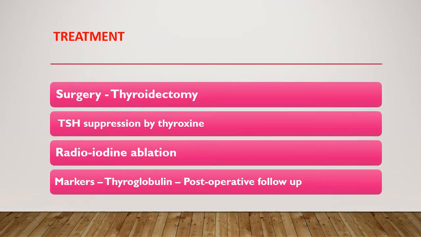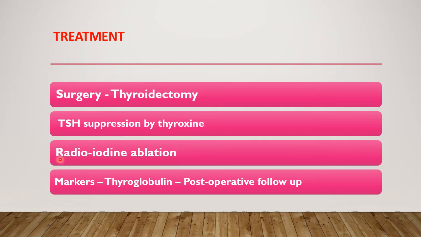The treatment of thyroid cancers is basically surgical, and this involves thyroidectomy, which can be either total thyroidectomy, subtotal thyroidectomy, or total lobectomy. The second aspect of treatment is the TSH suppression by thyroxine. This is especially used for post-thyroidectomy patients.